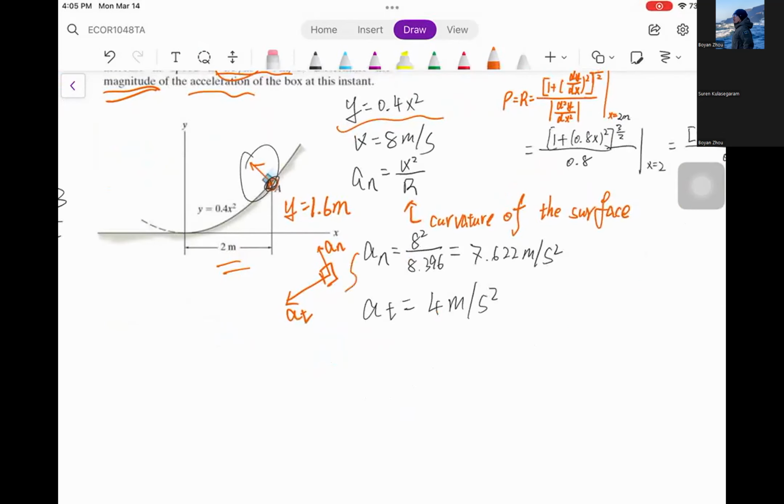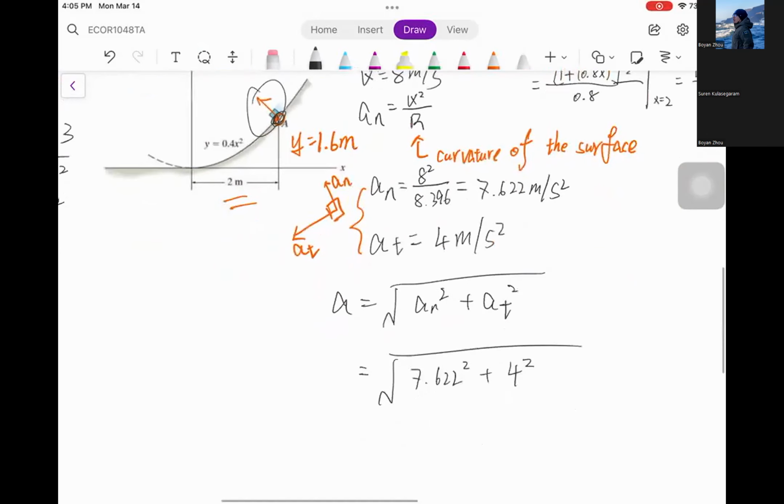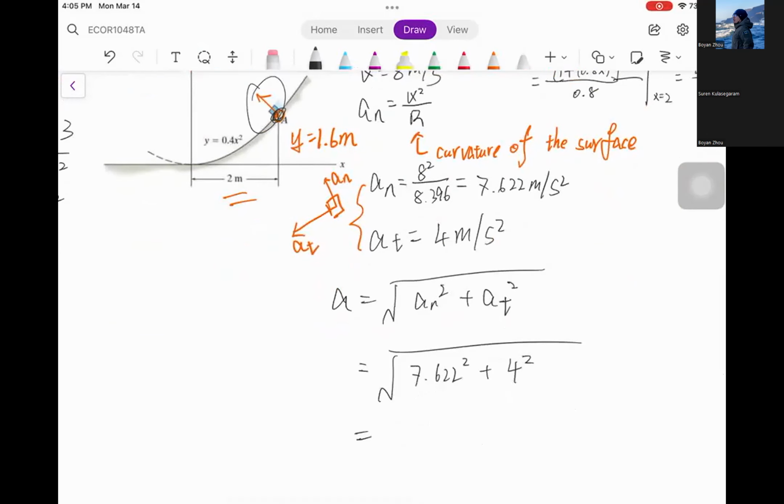So here we have normal and tangential. The resultant acceleration is normal to the power of 2 plus tangential to the power of 2, equal to 7.622 to the power of 2 plus 4 to the power of 2. That is equal to 8.61 meters per second squared.